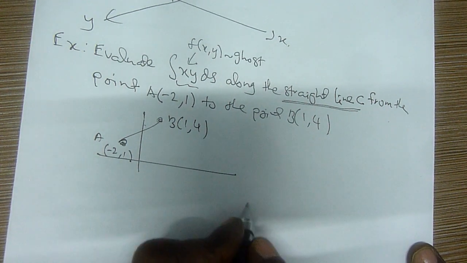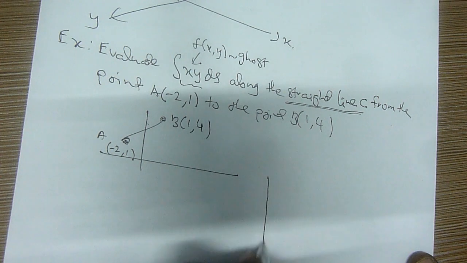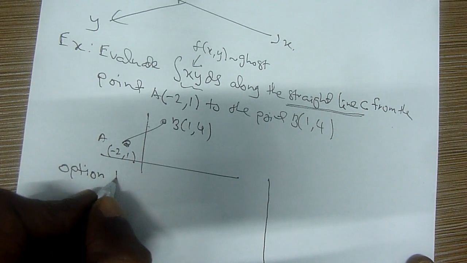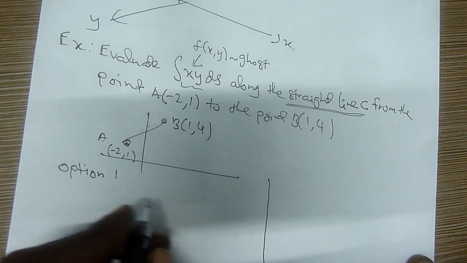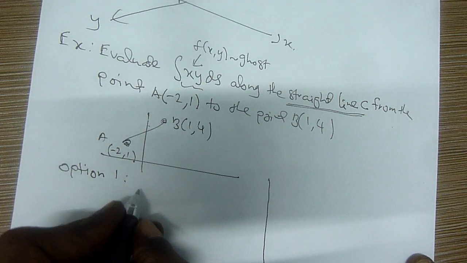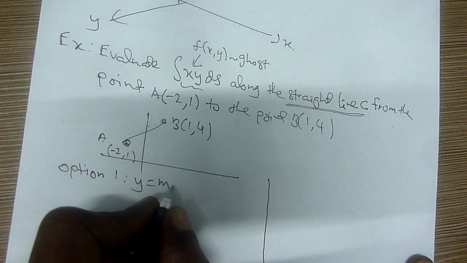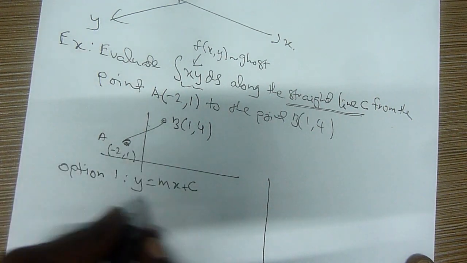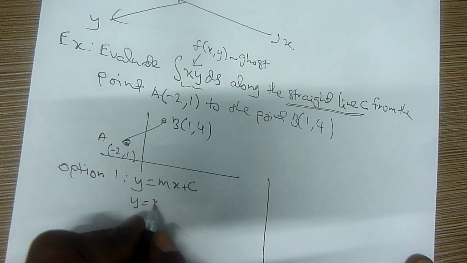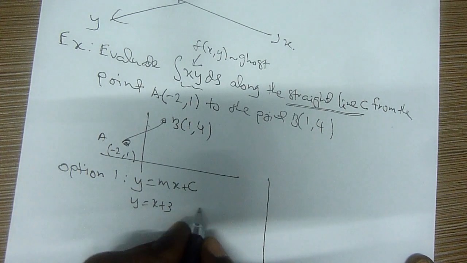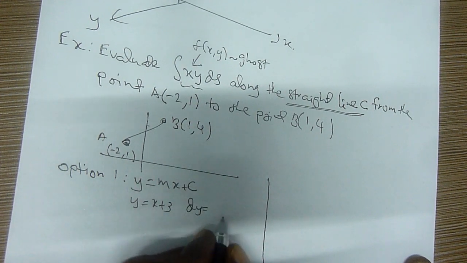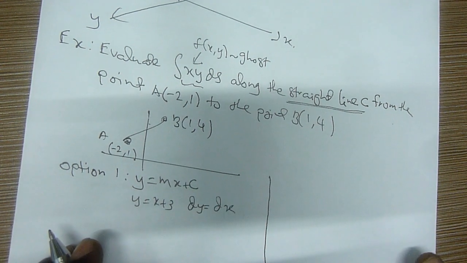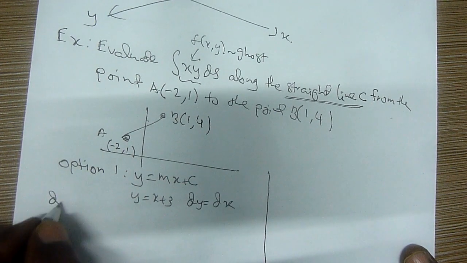Option 1, which basically uses y equals mx plus c. This is very simple, I think you all can calculate that. dy I use dx straight away, and therefore what is ds?